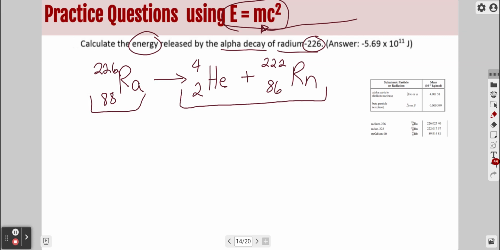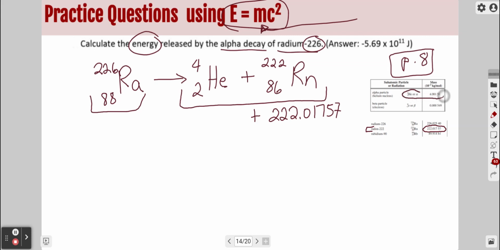So radon 222. This is all on page 8 in your data booklet. Okay, these are the masses of these different isotopes. And you can see it has a 222. So this mass is 222.01757. Don't worry about the units or anything like that right now. We're going to add that to the mass of the helium.